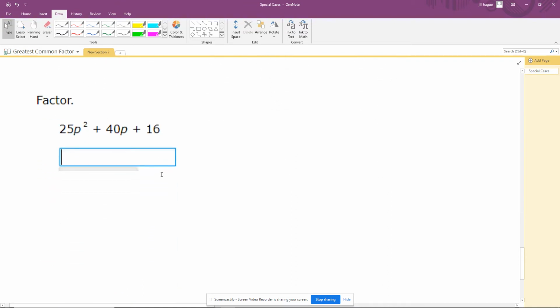Okay, moving on. Remember, if you don't notice these on a test, you could do these the long way. You could say, is there a GCF? No, there is not. So you could do the step 1, step 2, step 3 factor by grouping. But you might notice that this I can take the square root of, and this I can take the square root of. The square root of 25p squared is 5p.